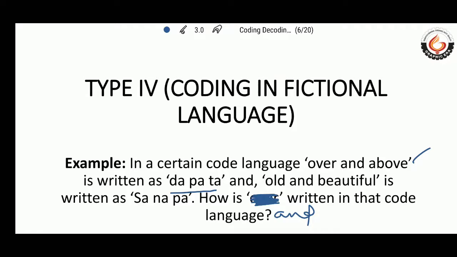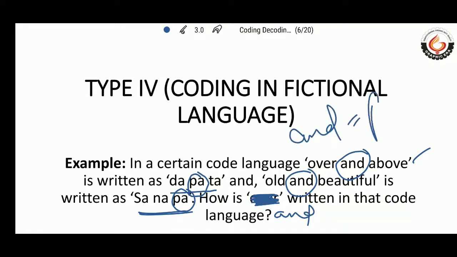Similarly, "old and beautiful" is written as SA, NA and PA. Now, what we see in common is that "and" is common in both. And if there is a coded language, "and" will be coded the same in both statements. We found the common code is PA. Now they are asking how "and" is written in that code language. So "and" will be written as PA in that code language.